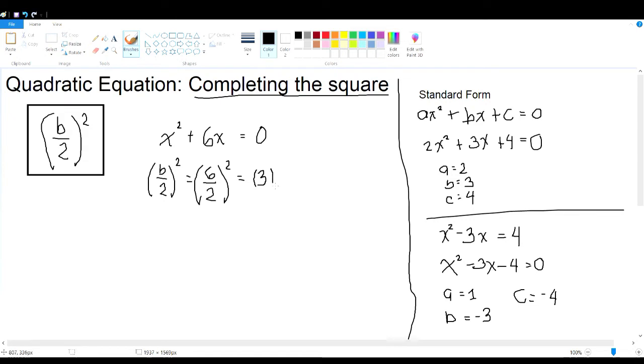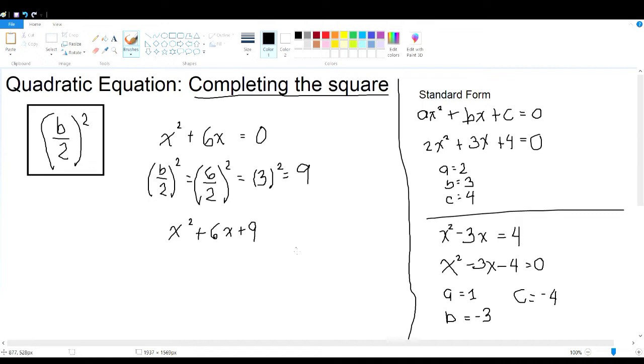That's 3 squared. Is equal now to 9. Hindi siya 3 times 2 ha. That's 3 times 3. 3 squared is 9. So, ang gagawin mo kay 9, gagawin mo siyang x squared plus 6x plus 9.